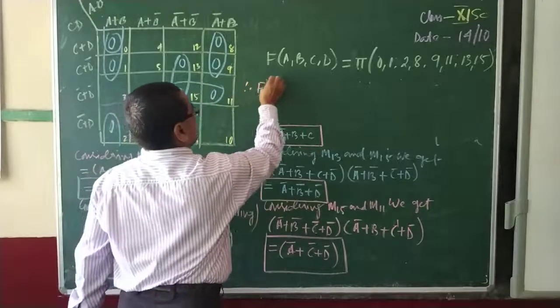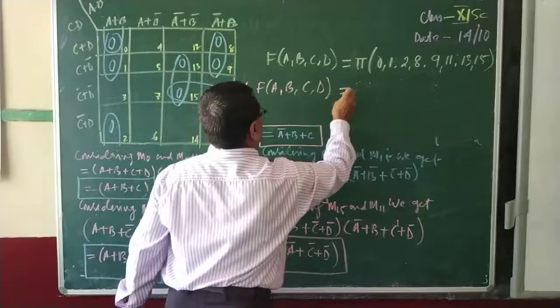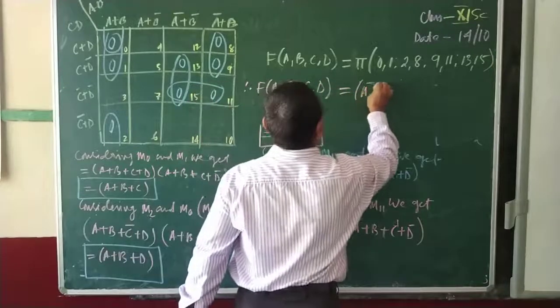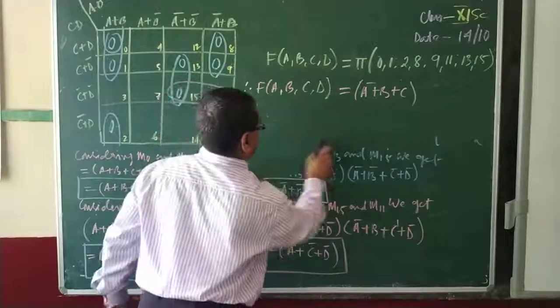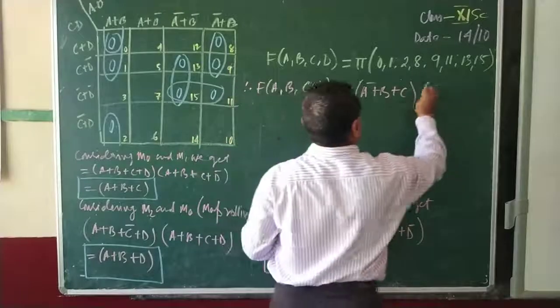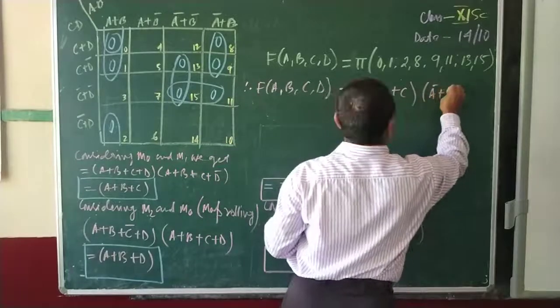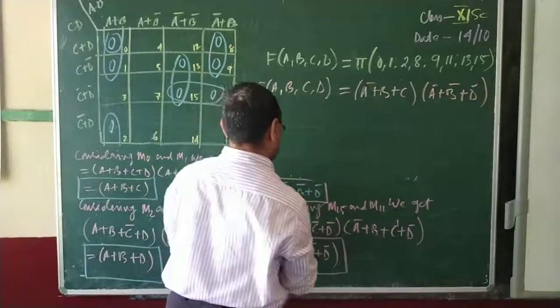Therefore, F of A, B, C, D equals A complement plus B plus C. So this is over. Now A complement plus B complement plus D complement. This is also over.